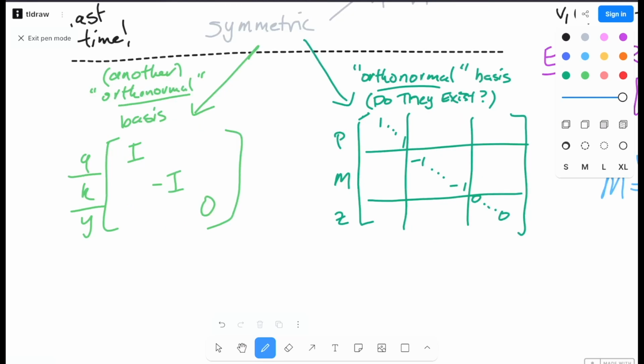So here is the main content of this section. It's a theorem in two parts, an existence and uniqueness theorem.